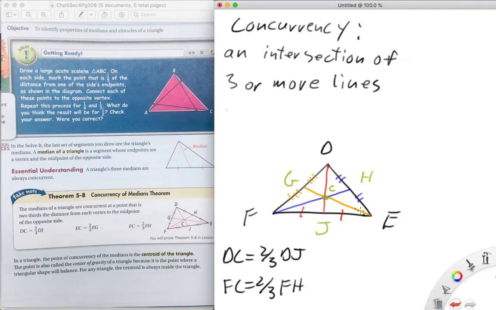If I was to look at CE, it is equal to 2/3 the entire distance of the whole entire median GE. Okay. All right, so that is Theorem 5.8, concurrency of medians.